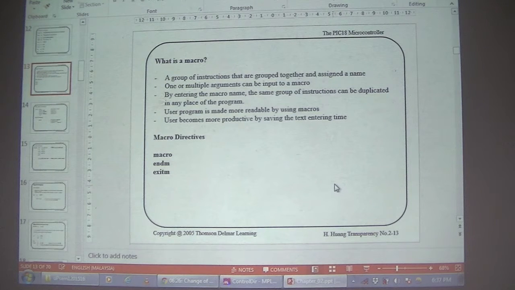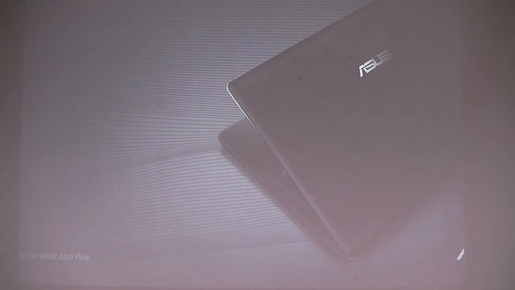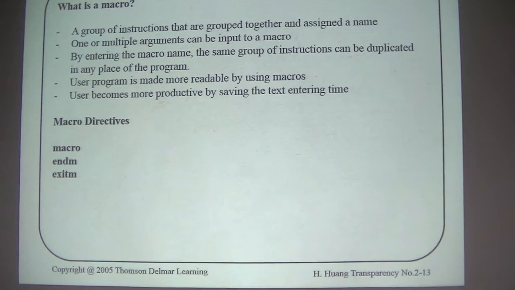So what is actually a macro? A macro is a group of instructions that are grouped together and assigned a name. One or multiple arguments can be input to a macro.